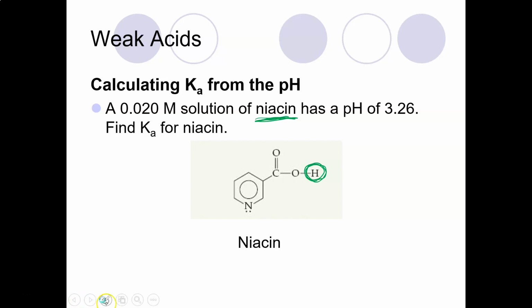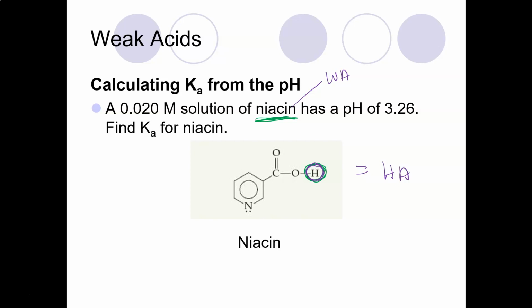Okay, so I want purple. This chemical is a weak acid because it has an H in it, and it's not one of the 7 strong acids. So from now on, niacin is HA. Okay, we've identified that. A 0.020 molarity solution of HA has a pH of 3.26. We need to find the Ka value.